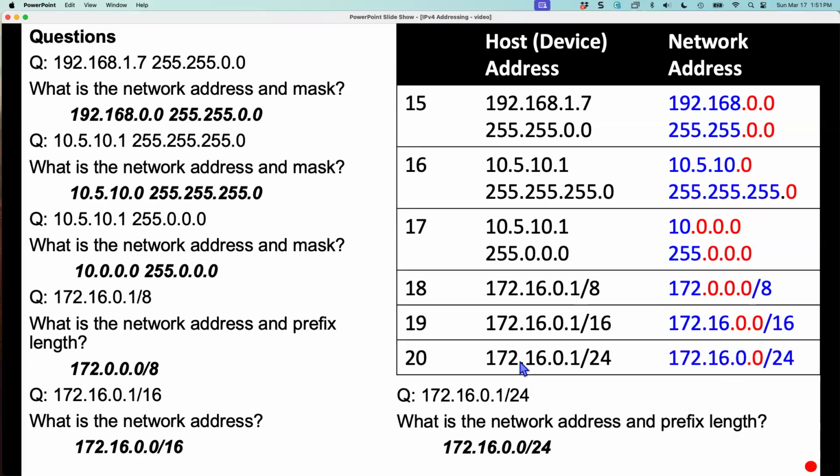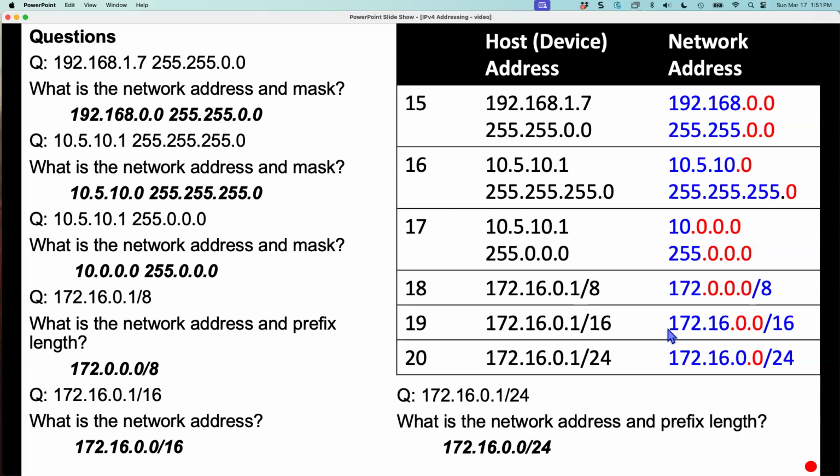Now notice here, 172.16.0.1/24. So the first 24 bits, the first 3 decimal numbers, they belong to the network. Only the last 8 bits, this last decimal number, is the host. Notice the difference between these two. Okay, different mask.